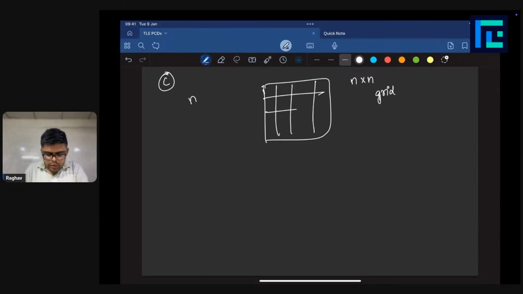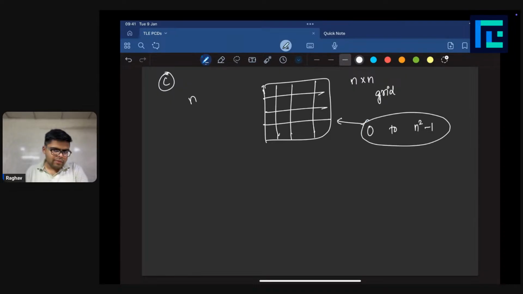And you have to fill in values from 0 to n square minus 1 into this grid such that each cell is having exactly one value, of course, and every value is coming exactly once in the grid, so there should be no duplicates.